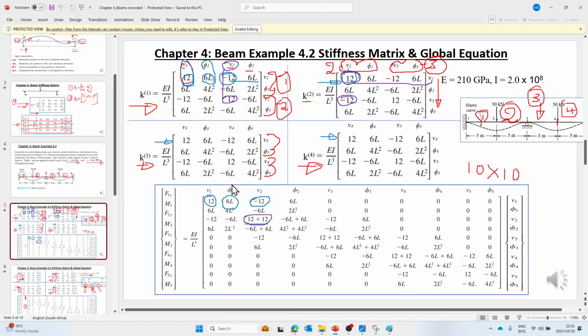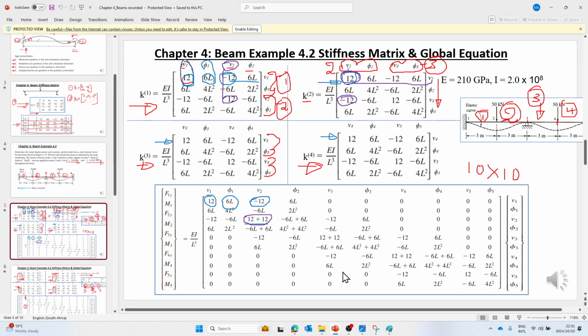Okay, I'm going to look for any common point here. I have V2 here and I have V2 here. Okay, that one is fine. This is V2 and this is V2. It is 12. Where else do I have V2 and V2? It is this side, V2, V2. It also gives 12. So this side we're going to have 12 plus 12.